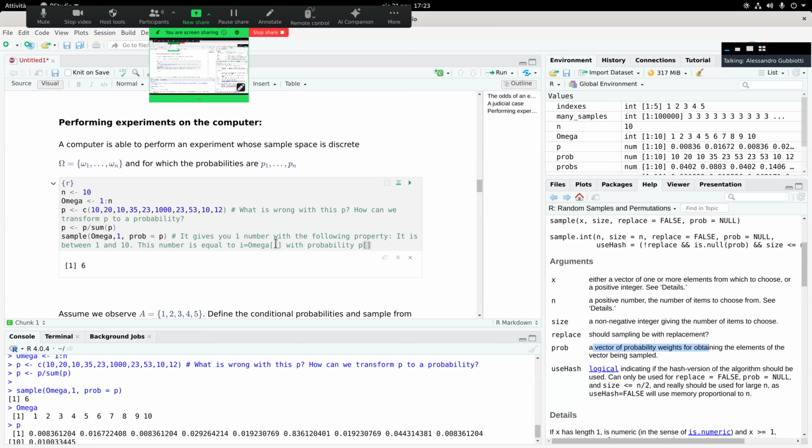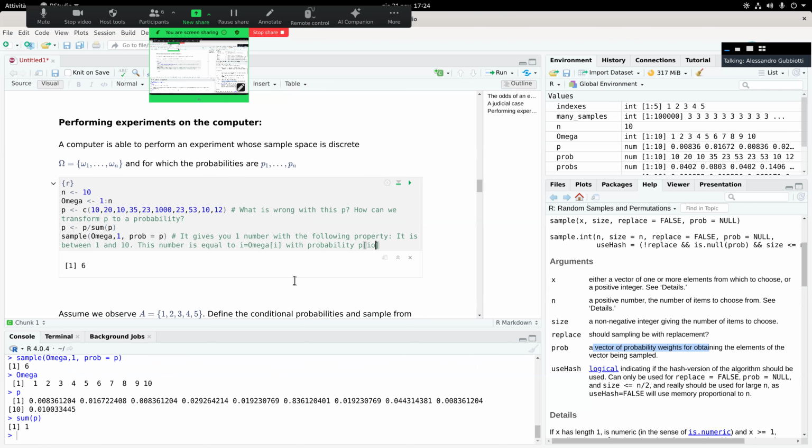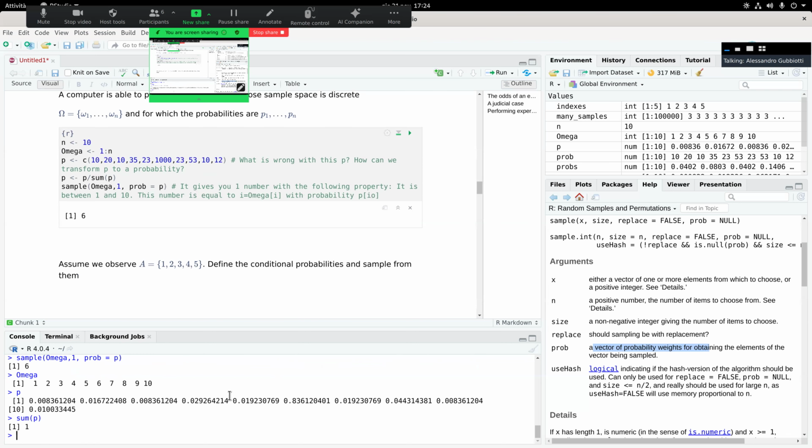So for instance, it is equal to 6. Let's write it here. Omega 4 is equal to omega 3 with probability p of 3. So with very small probability. And let's check that 6 has a very high probability. The probability that this number is 6 is p6, which is 0.83.